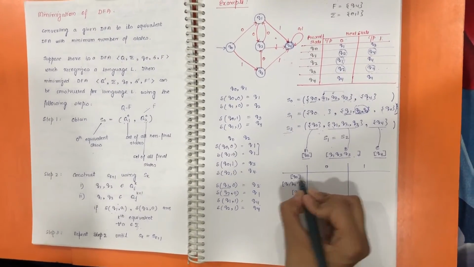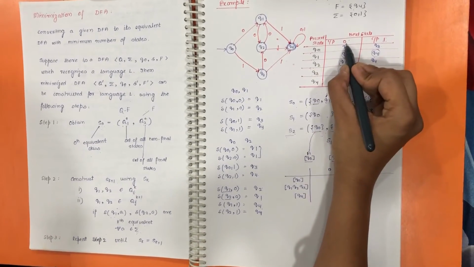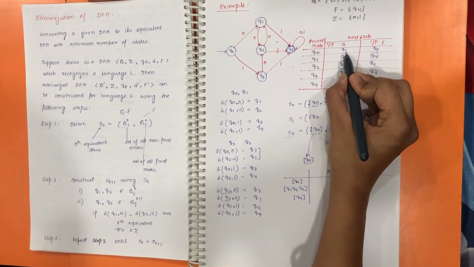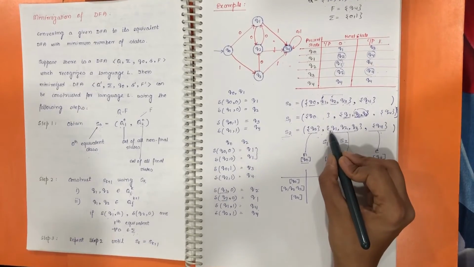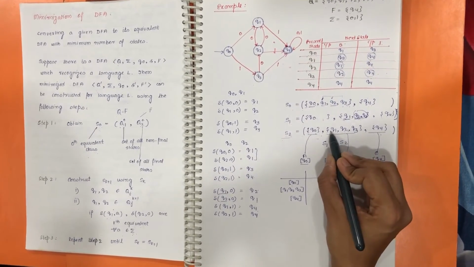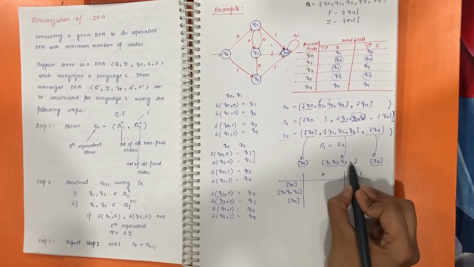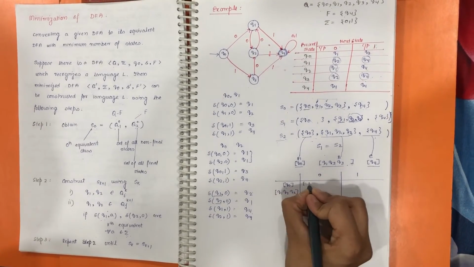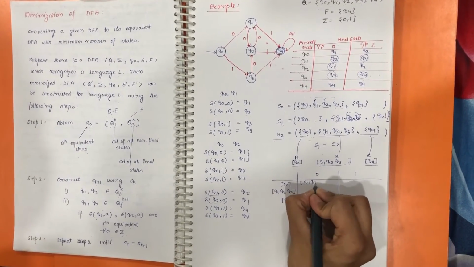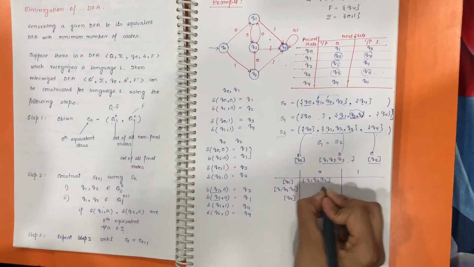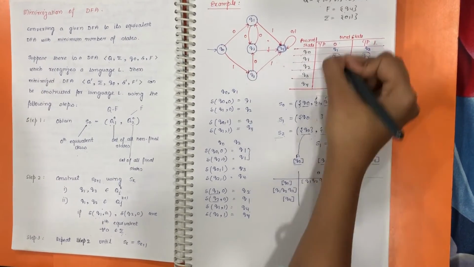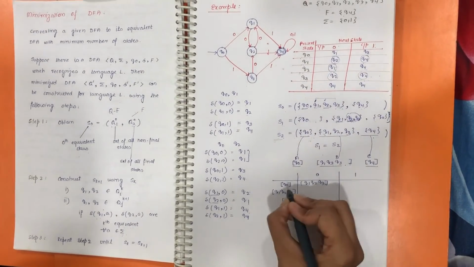So at Q0 for input symbol 0, the next state is Q1. Q1 is lying in this set and the name corresponding to this set is this one. So here we will write Q1, Q2, Q3. This is the state in the minimized DFA corresponding to this state Q1.